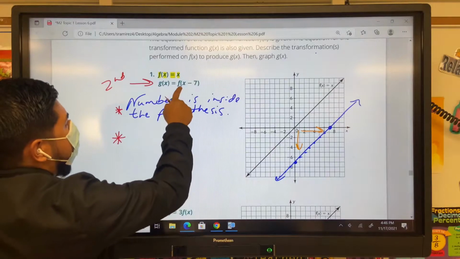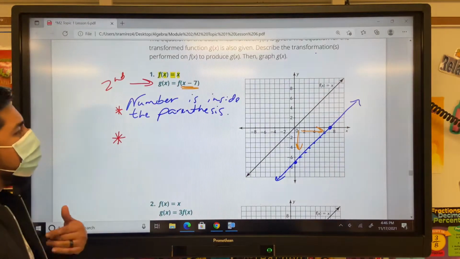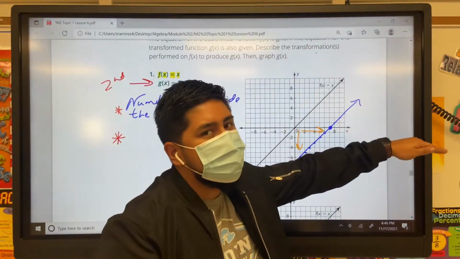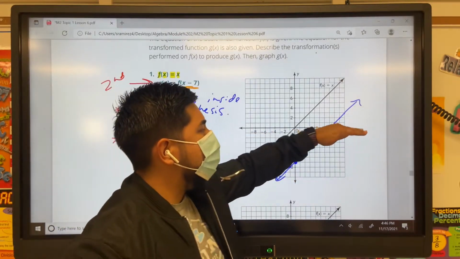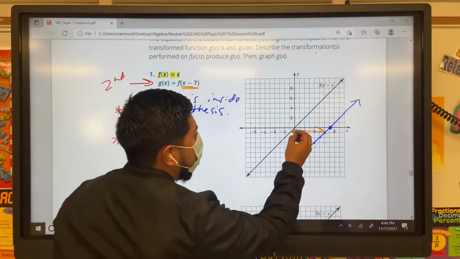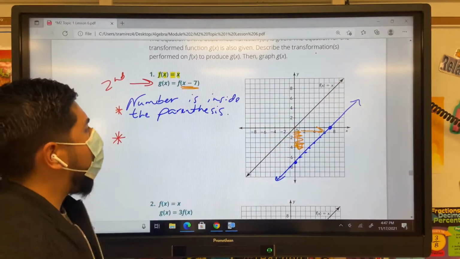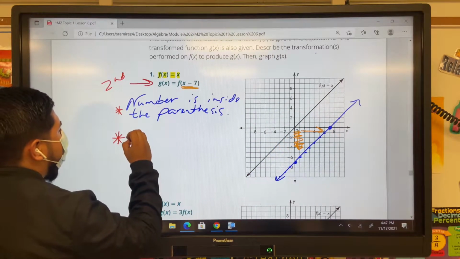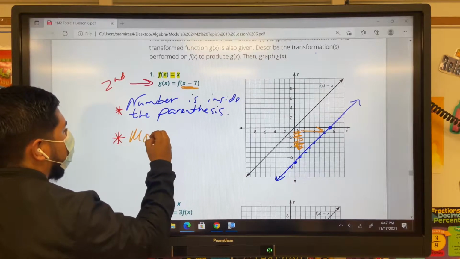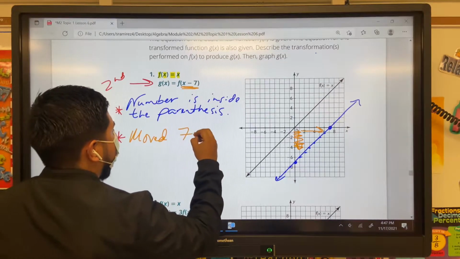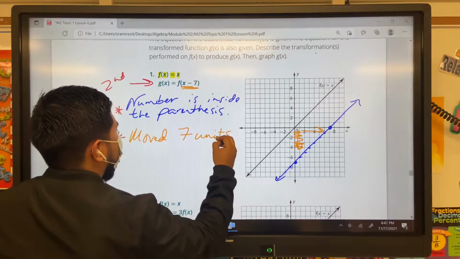Because it's in the parentheses, we're only looking at what it's changing on my x-axis. So because it's changing my x-axis, we're not going to do down for this scenario, we will be doing the right. So this graph moved 7 units right.